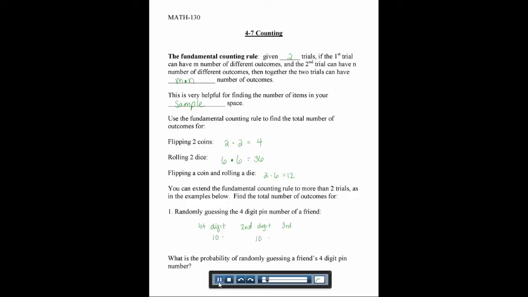The third, there's 10. And then the fourth digit, there's also 10. So here we have 10 to the 4th possibilities for PINs, or 10,000 possibilities. If we want to know the probability of randomly guessing, if we just randomly pick one number, we'd only have a 1 out of 10,000 chance.